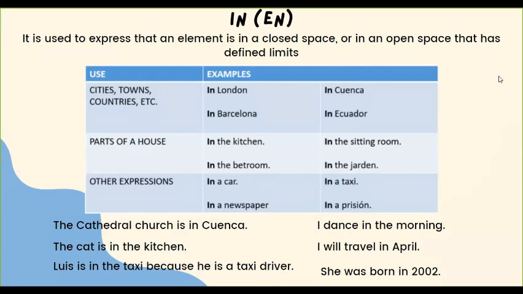Other expressions: in a car, in a newspaper, in a taxi, in a prison. Some examples: the cathedral church is in Cuenca, the cat is in the kitchen, Luis is in the taxi because he's a taxi driver, I dance in the morning, I will travel in April, she was born in 2002.